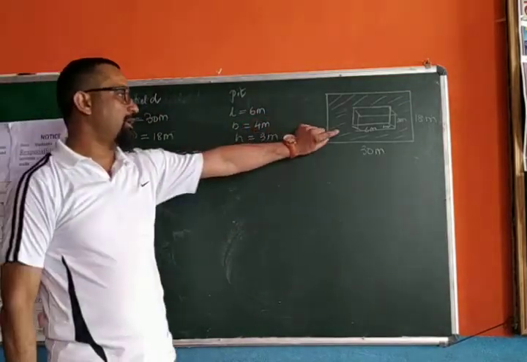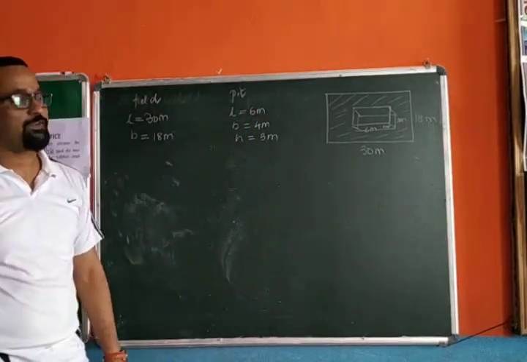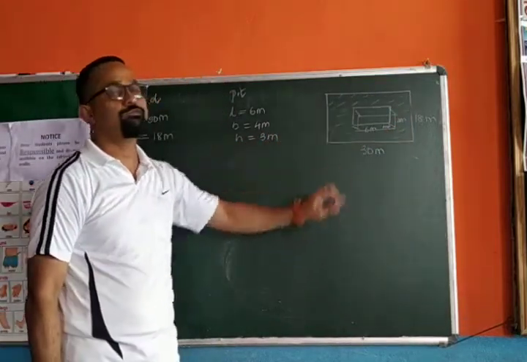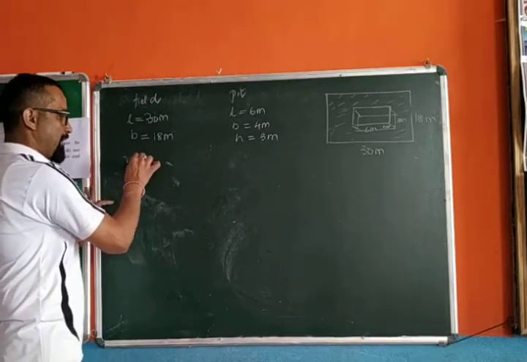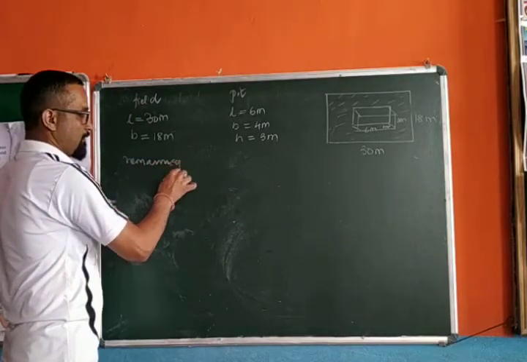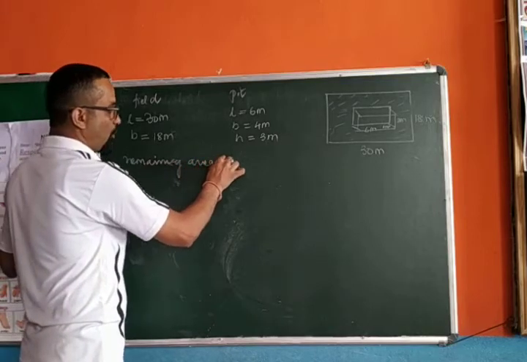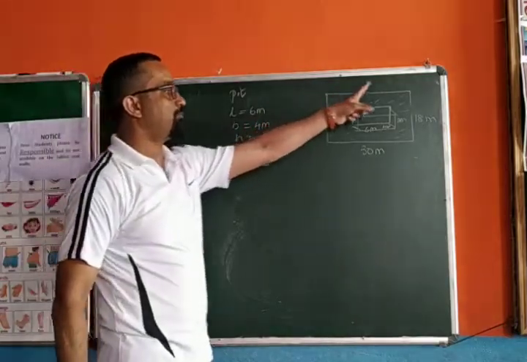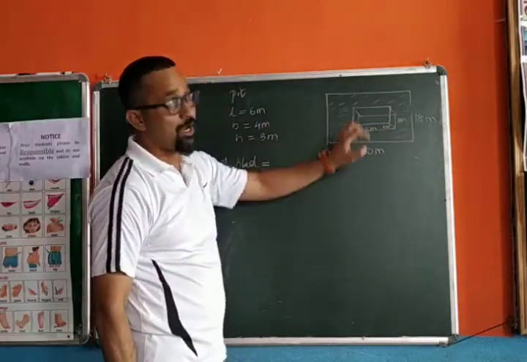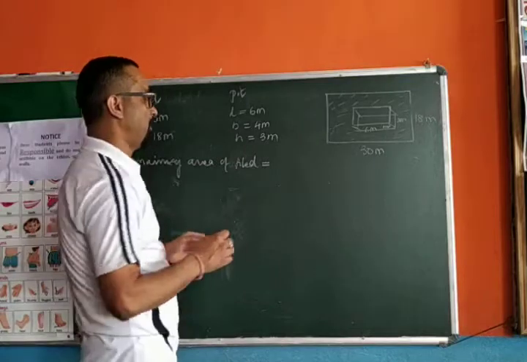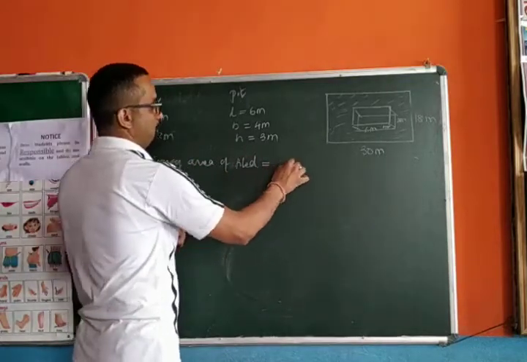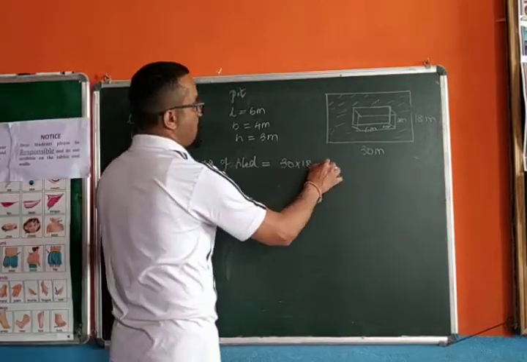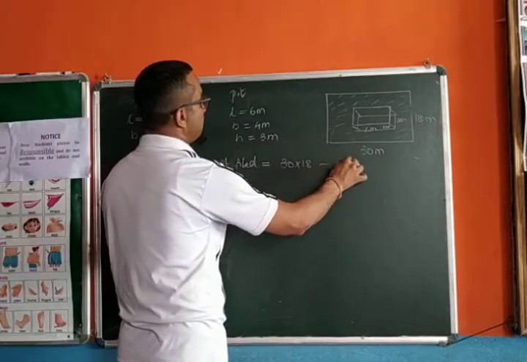In order to calculate the height, the rise in the level of the field, first you have to calculate the remaining area of the field. It is area of bigger rectangle minus area of rectangular part of the pit. 30 multiplied by 18 is the area of the outer rectangle minus area of pit, which is 6 into 4.